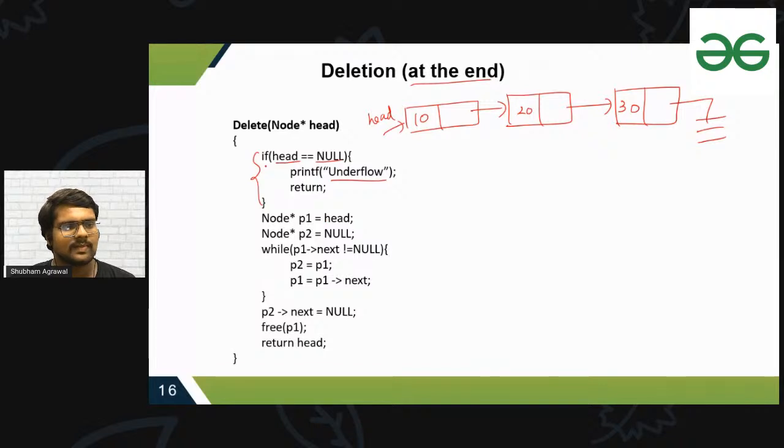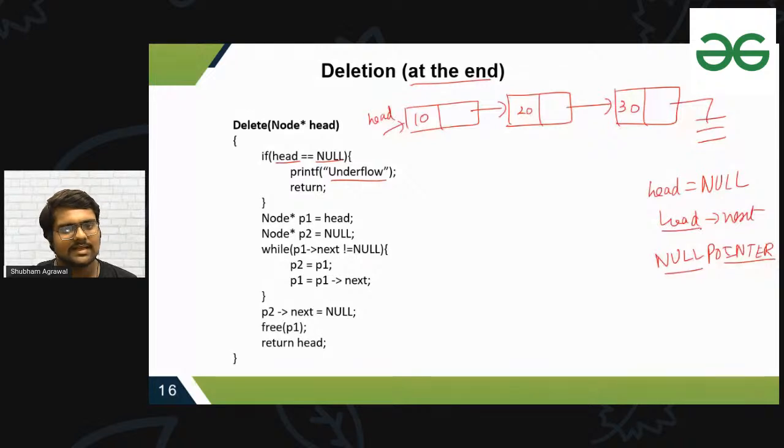If we do some operation on a pointer variable which is null, like head of next, we will get an exception, a null pointer exception, because we are accessing a member of an element which is null.